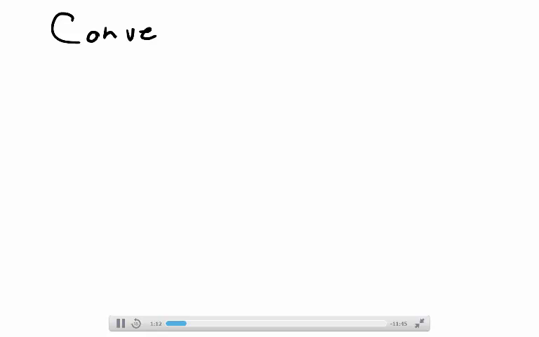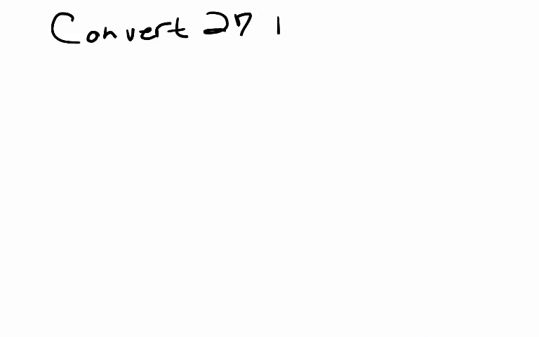Let's suppose that we'd like to convert a number from decimal, or base 10 form, to binary, or base 2. Let's convert the number 27 to binary, or base 2.